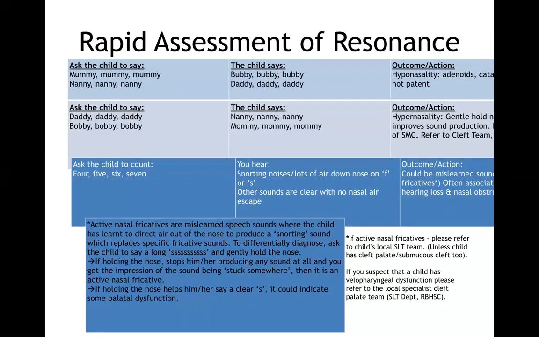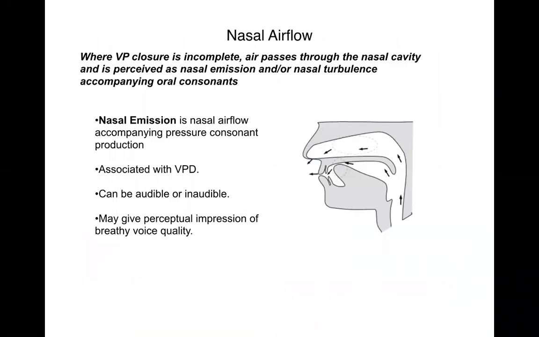Thank you. I mentioned as well about nasal airflow, and it's really important that we are listening and watching for nasal airflow. I've given you a definition there of what nasal airflow is, and in particular nasal emission, which can quite often accompany pressure consonant production. This is usually associated with velopharyngeal dysfunction, and you can see the diagram there.